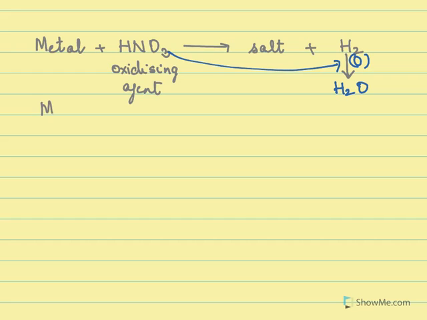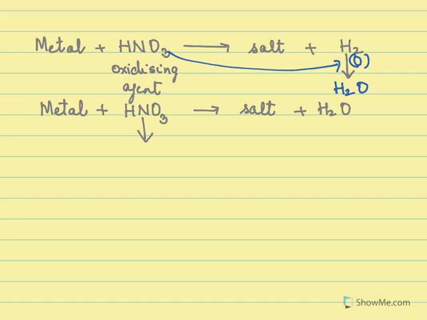So when metals react with nitric acid, they give salt, but instead of hydrogen, they give water.